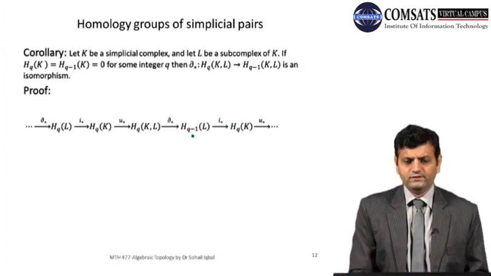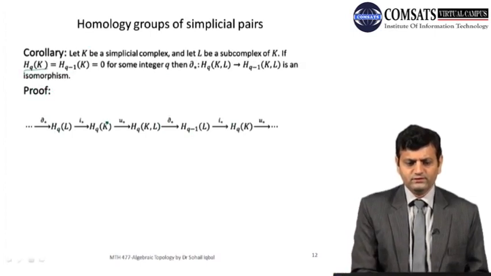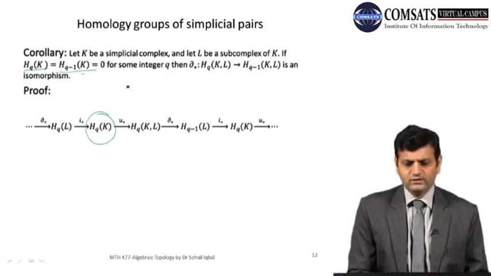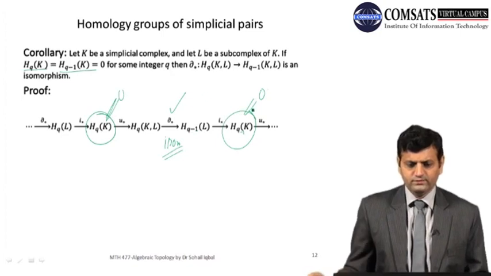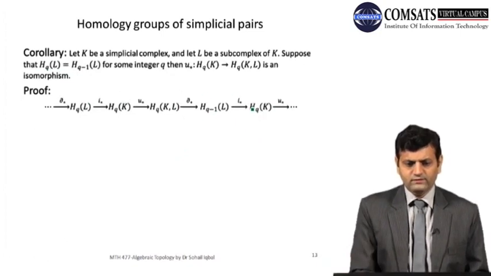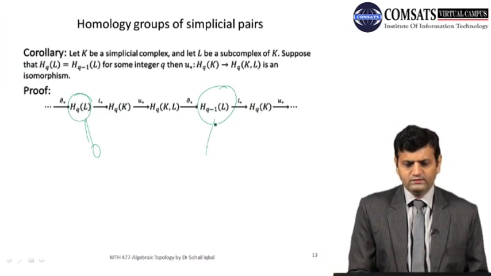Similarly, if we have the condition that H_q(K) and H_{q-1}(K) is 0, then this H_q(K,L) to H_{q-1}(L) is an isomorphism, using the same arguments. And once again, if H_q(L) is 0 and H_{q-1}(L) is 0, then this is an isomorphism.